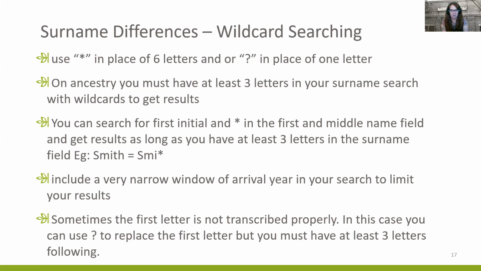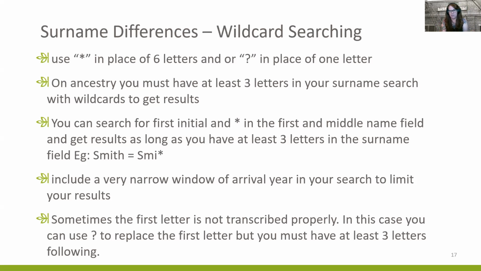I usually like to start with, in the surname, the first 3 letters and a star and see what comes up. And if I don't get anything that looks good, I'll start putting the wildcards in amongst the letters. I like to eliminate vowels as much as possible because the A looks like an O, looks like an E. So if you can get rid of a bunch of vowels, that's really good.